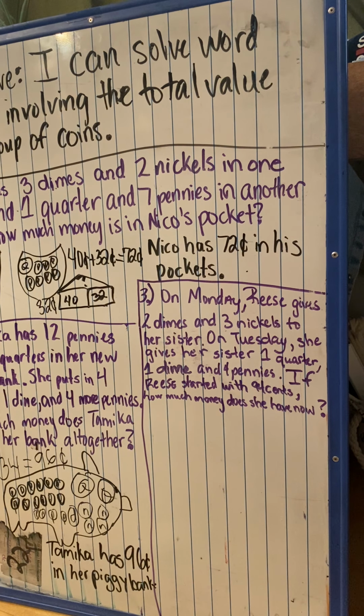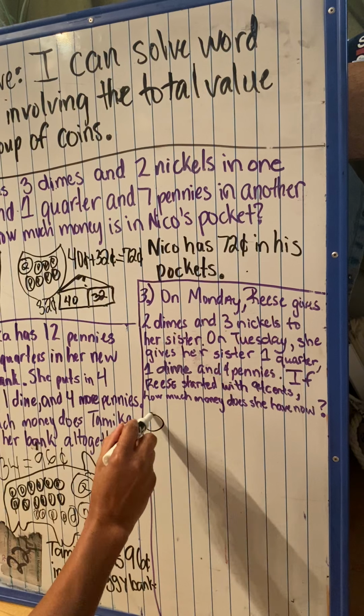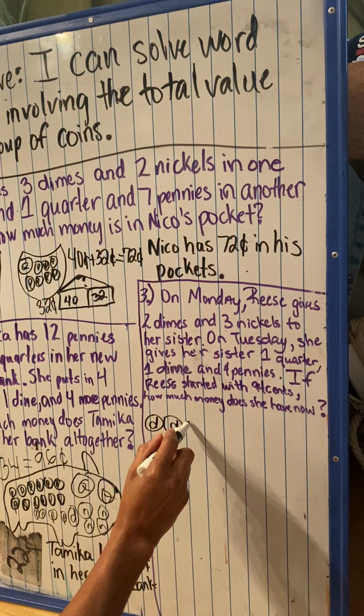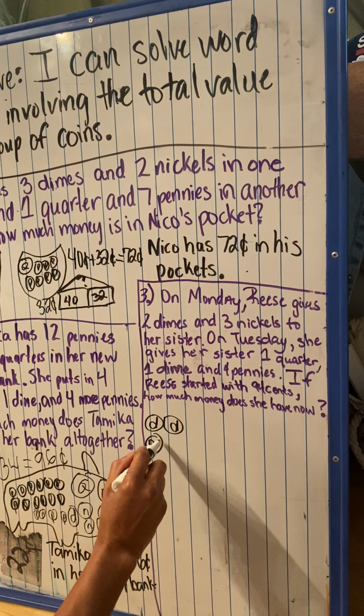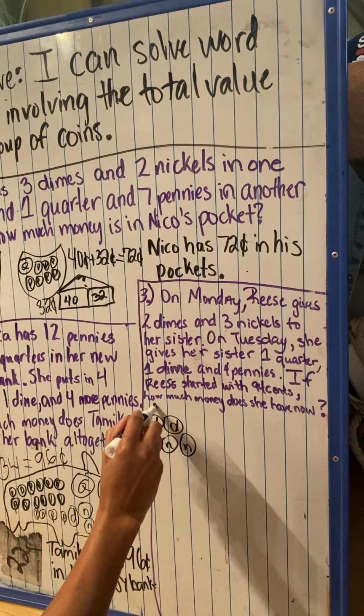Now, what can we draw first? Yep, we can draw 2 groups of coins, one for Monday and one for Tuesday. So let's start with the coins for Monday. 2 dimes, 3 nickels. So these were Monday's coins.